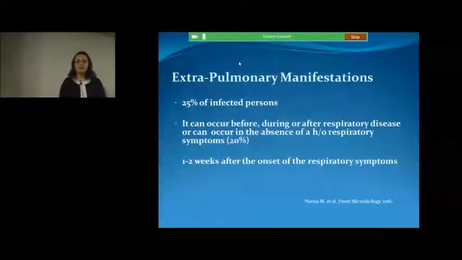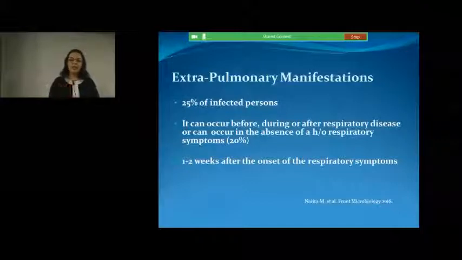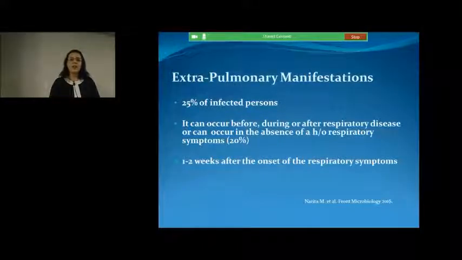So it is well known that Mycoplasma can cause a broad array of extrapulmonary manifestations. Given the fact that the microorganism can invade the bloodstream, almost any organ system can be affected. The extrapulmonary manifestations occur in 25% of the infected persons. They can occur before, during, or after the respiratory disease, or can occur in the absence of respiratory symptoms in 20% of the cases.